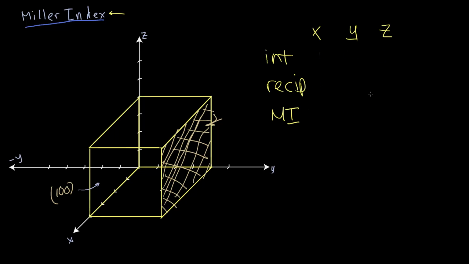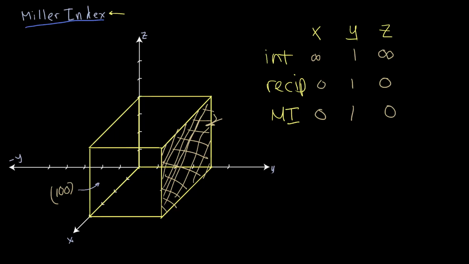And I'll repeat the same exact procedure as before, except we're intercepting the y-axis this time. So we get infinity, 1, and infinity. Repeat the procedure. We get 0, 1, 0. And I think you can see the trend here.